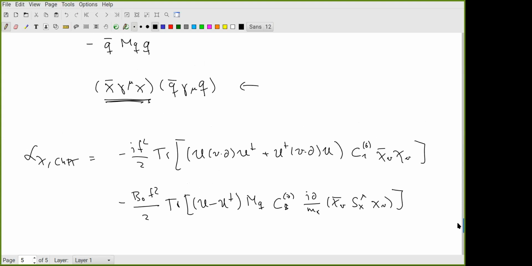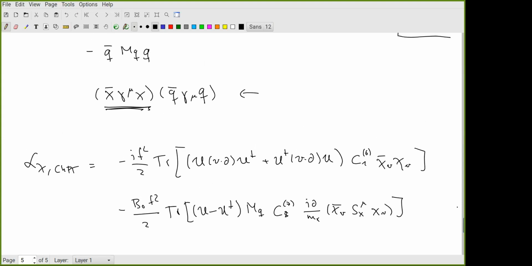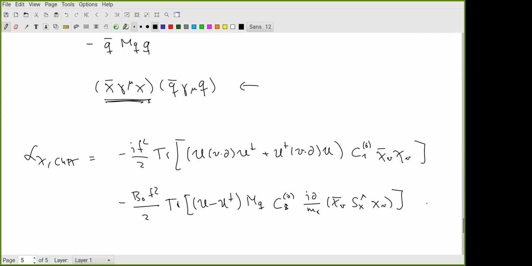Let me point out one more thing. Let's look at this Lagrangian. One thing to point out is that there are very few constants. There's just this F constant and this B0 constant. So there are just two constants, but there are lots of pion fields and lots of different interactions. So you see that the symmetry relates many of these interactions.